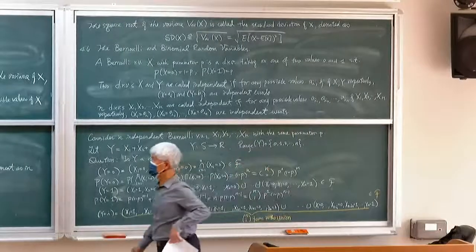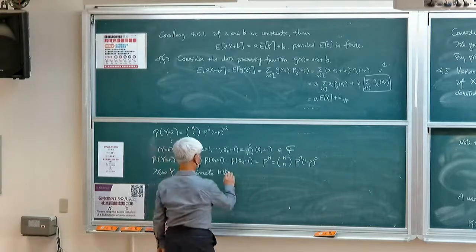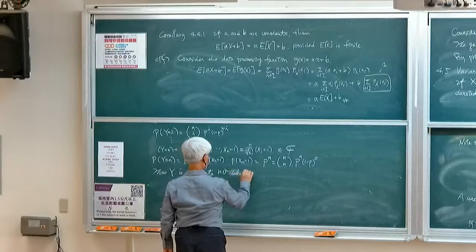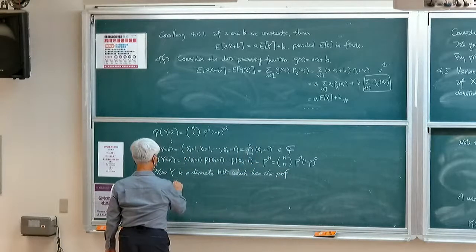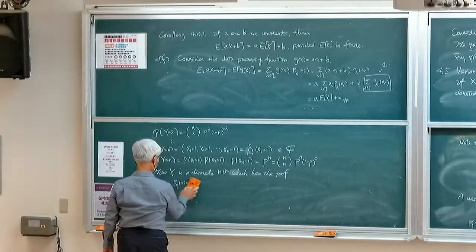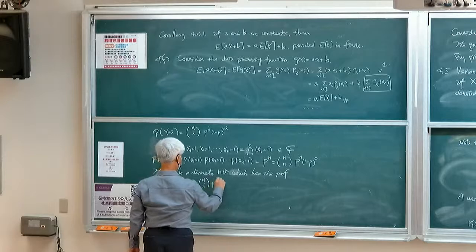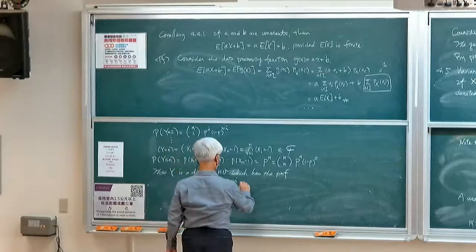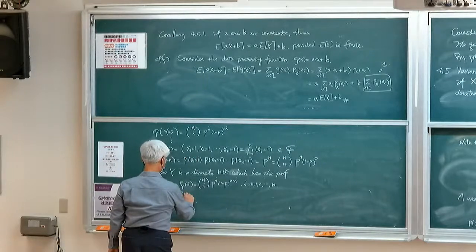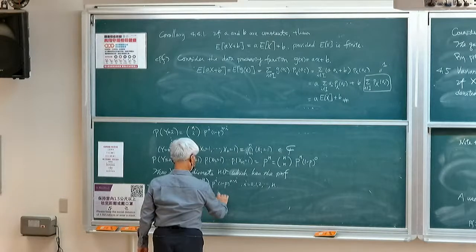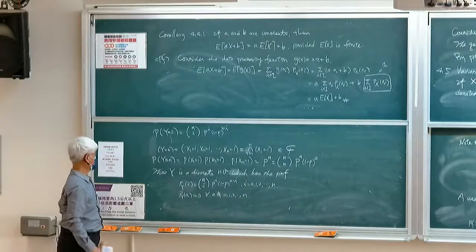So it's a discrete random variable which has the PMF P(Y = i) equal to n select i, p to the i, times 1 minus p to the n minus i, for i equal to 0, 1, 2, up to n. So Y is a discrete random variable.